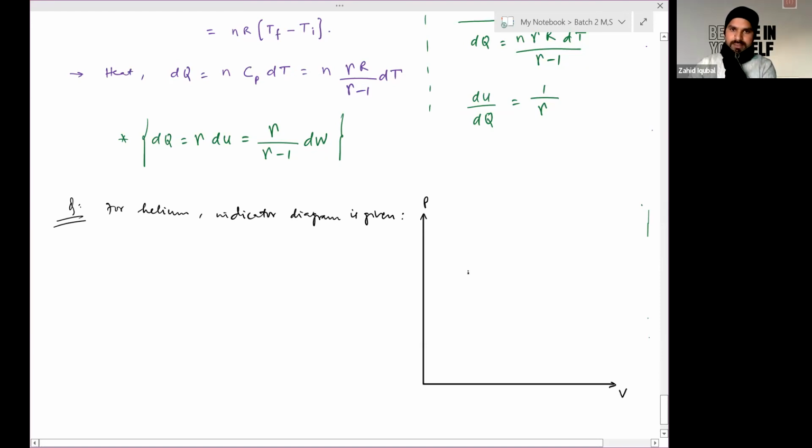Let's say this is A, B, 2 atm, 20 centimeter cube, 50 centimeter cube.